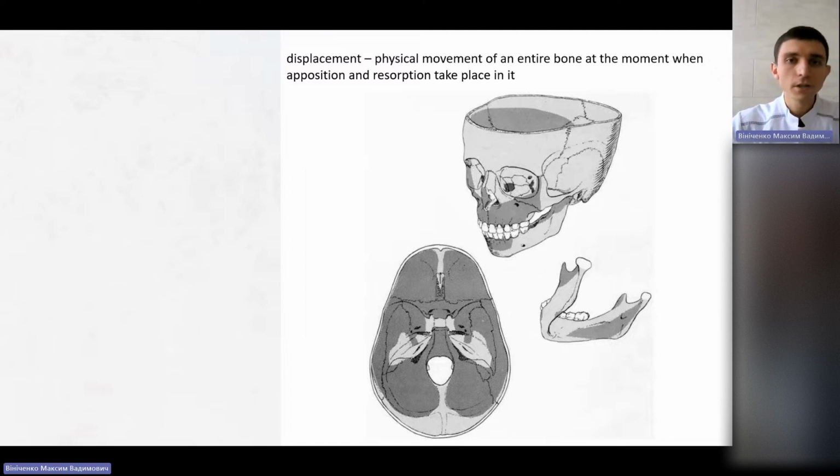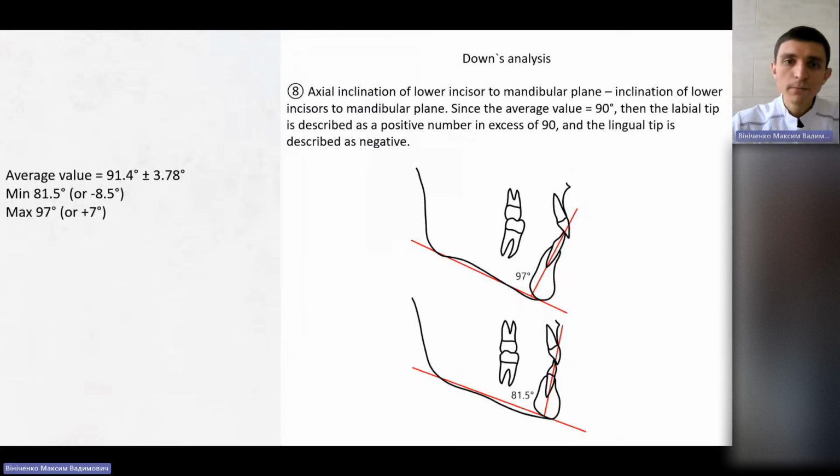For example, when we make this analysis of the IMPA and we see that our patient has an inclination of 97, and we want to protrude these teeth more, for example to 110, we couldn't do this, because this is a negative field, and if we push these teeth forward, there would be resorption.